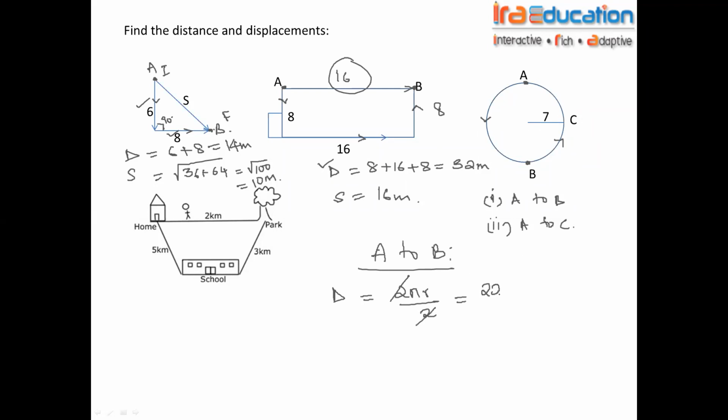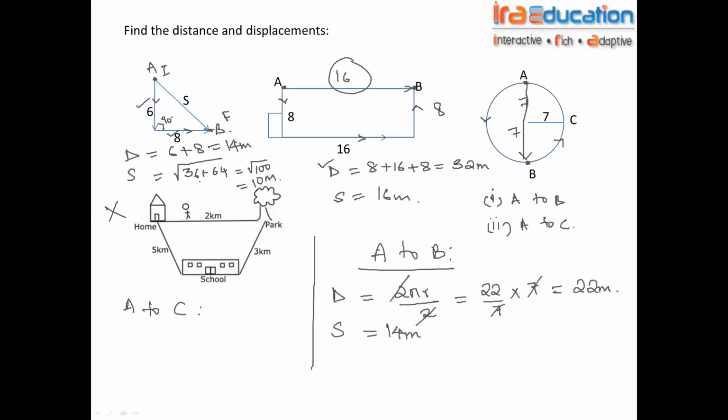So pi is 22 by 7 into 7. So this will amount to 22 meters as distance. Whereas displacement is the straight line from initial point to final point. My straight line is not straight, but okay. This is 7, this is 7. Totally, this 14 is a diameter, which is 14. In a similar way, can you try from A to C?